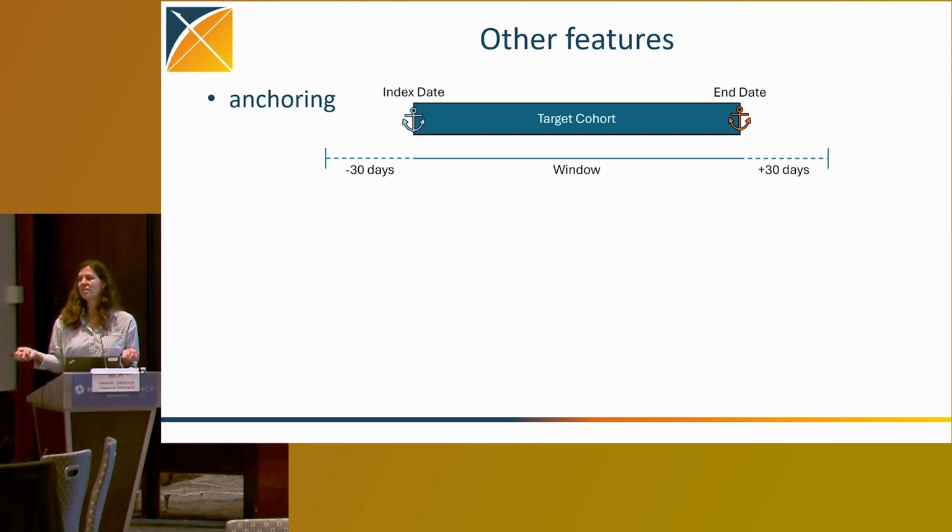So for example, for asthma, we know it's very common that people are prescribed some asthma medication to actually see if it benefits them. And for these kind of cases, you might not want to start at the moment of the diagnosis, but you actually might want to start just before. So there's this thing called anchoring, which allows you to both before and after vary the time periods.